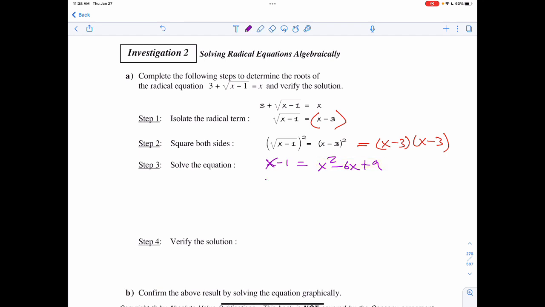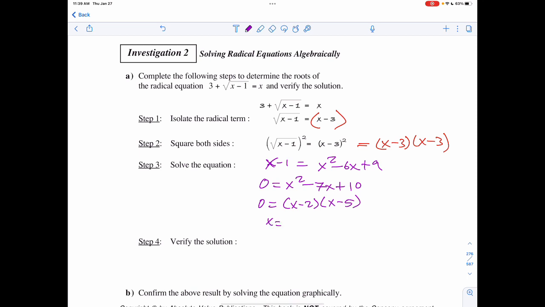So I'm going to move everything to one side of the equation. 0 is equal to x squared minus 7x plus 10. I can factor this down to factors of 10 that add up to -7, which are going to be x minus 2 and x minus 5.